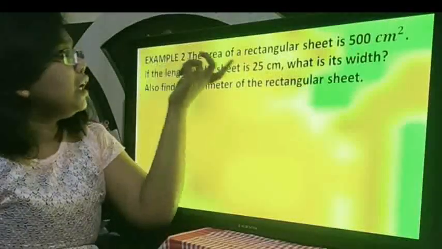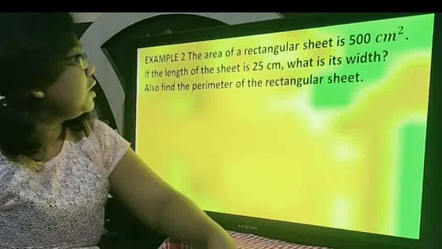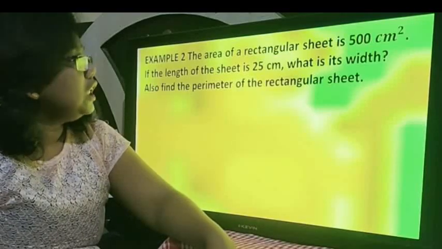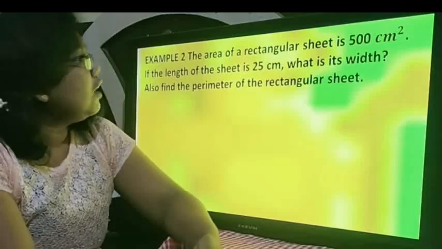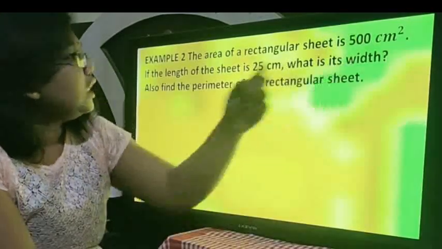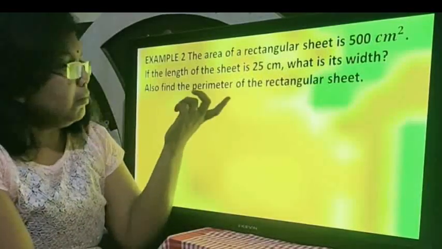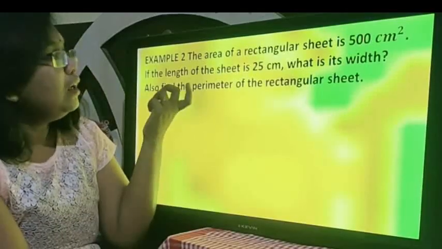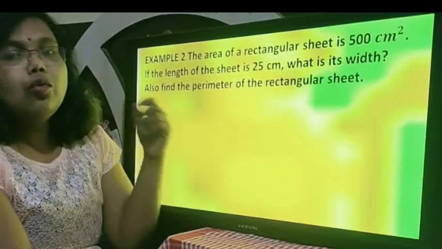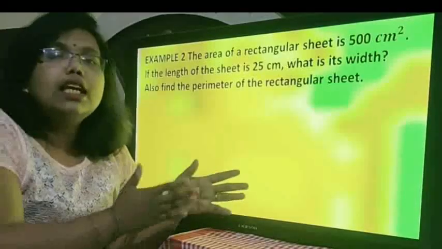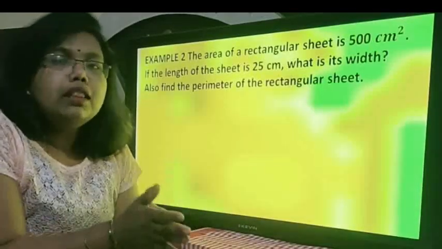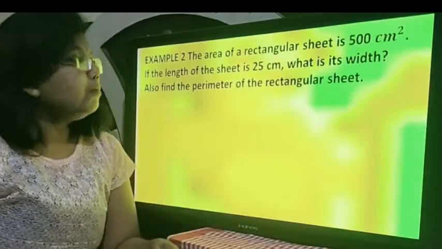Now the next example. The area of a rectangular sheet is 500 centimeter square and the length of the sheet is 25 centimeter. What is its width? We have been given the area and we are asked to find the width and then the perimeter. To find the width, we would divide the area by the length, because area is length multiplied by breadth. So breadth is area divided by length.